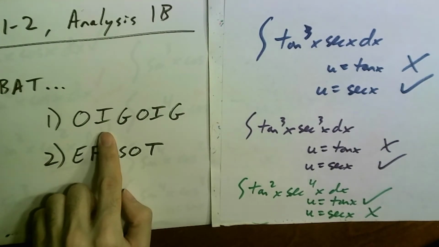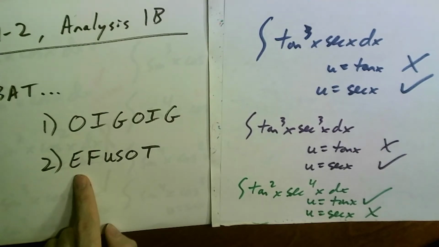When you're trying to sub tangent, odd secant was bad. Even secant was good. One more time: odd is good, odd is great, except for u subs of tangent.